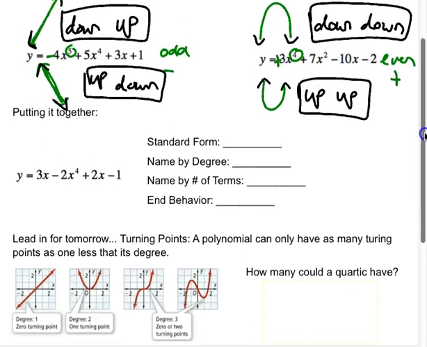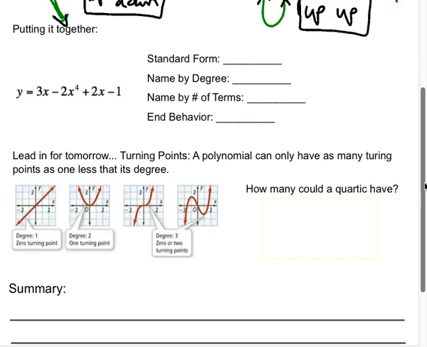All right, so let's put this all together. Let's combine this idea with the things we were talking about yesterday, shall we? So standard form. Here I have a fourth power, so I have negative 2x to the 4, because that's the largest power that I have.